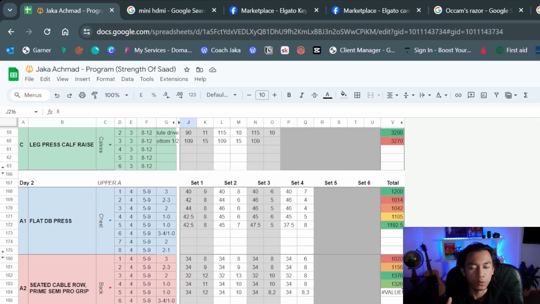The only exception is that if you're wanting to build specifically strength and power, then it would make sense to keep your reps lower, because that is what strength is. It's your ability to maximally express force, and that's going to be working at like the 1 to 5 rep range, right?